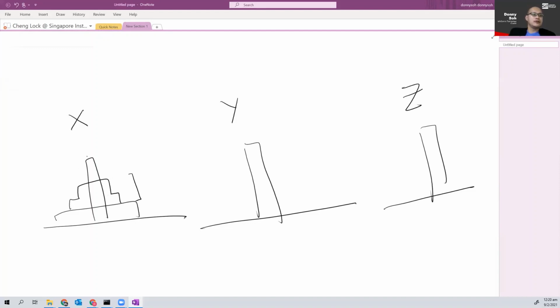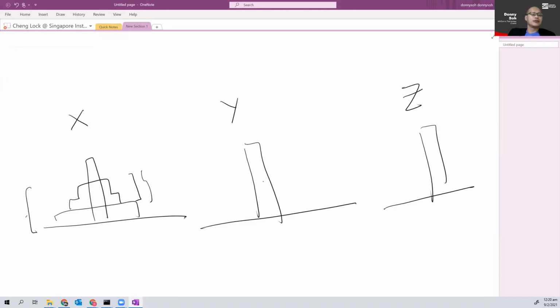I want to shift all my disks to Y. Okay? And so what's happening is that I am imagining that I can shift this whole part to Z. Then I shift this part to Y, and then I shift all the rest back to Y.